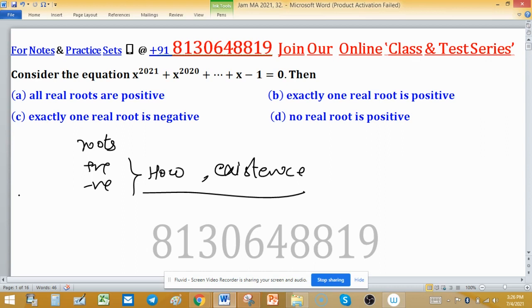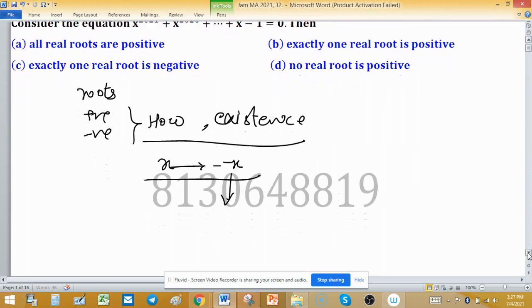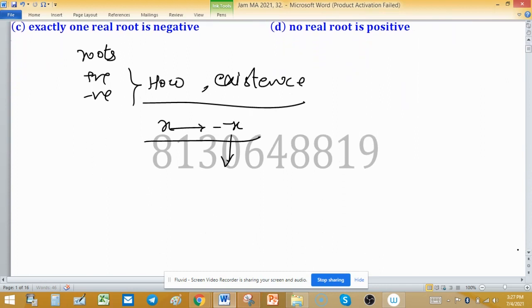By using the transformation x to minus x, we can easily tell how many negative roots of the polynomial exist. So what is the geometrical interpretation of the root? Geometrical interpretation of the root tells us the x-axis intercept, means at how many places the x-axis is intercepted. This is the meaning of root existence.